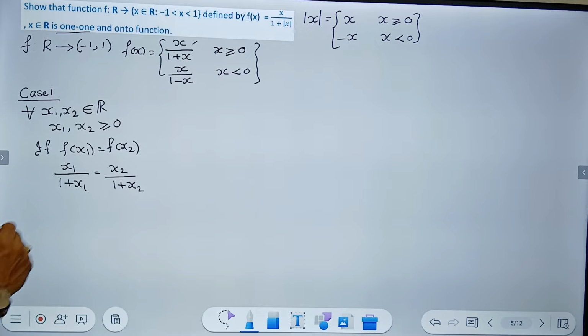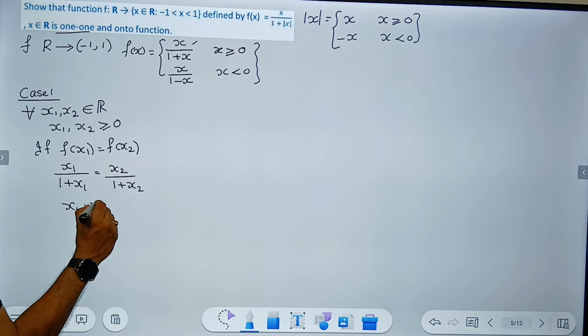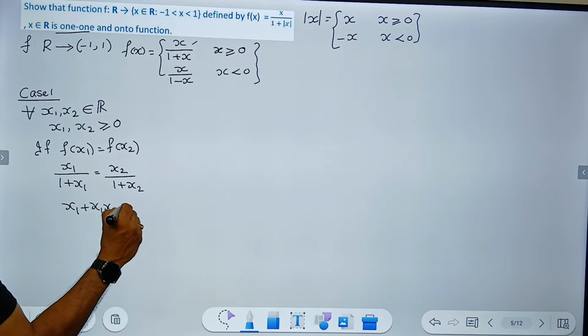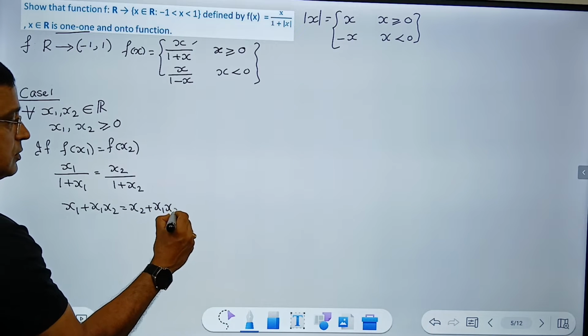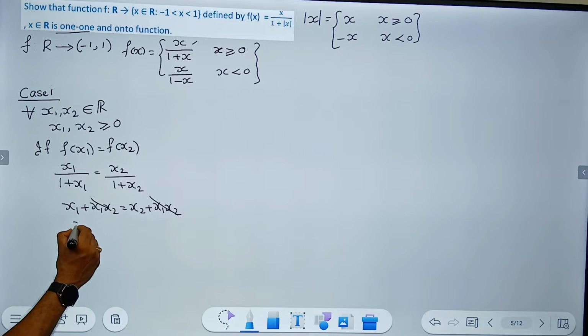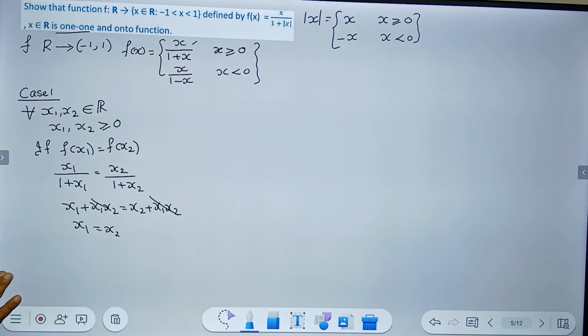Now just cross multiply. If you cross multiply, what do you get? x1 plus x1 x2 equals x2 plus x1 x2. So clearly you can see x1 equals x2. So it looks perfect, everything is normal. It looks like if you choose both positive, the function is 1 to 1.